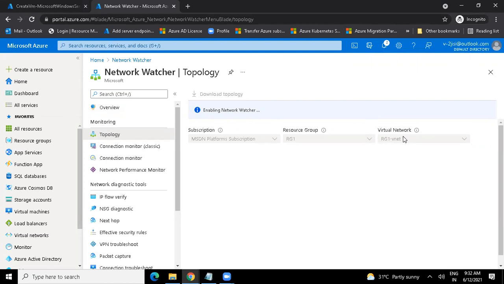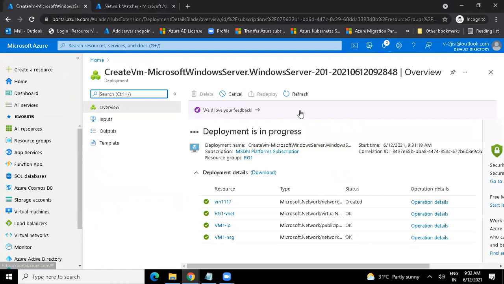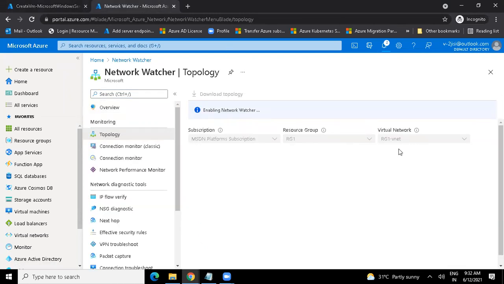But if you have multiple machines, the diagram would be huge. So with the help of network watcher, we would be able to see the topology of the entire network, how things are connected to each other. Probably it can take 1 or 2 minutes to load.